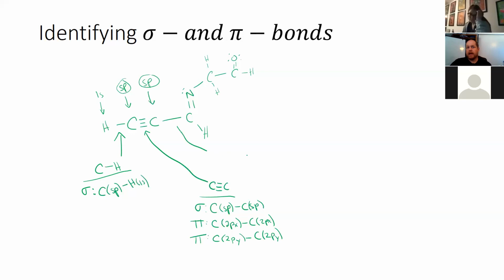If we go on to our next bond, okay, that's a single bond. So this is a carbon-carbon single bond. And if it's a single bond, it's a sigma bond. And I know that the first carbon that we've already looked at is sp hybridized. That second carbon is sp2 hybrid because it has a steric number of 3.